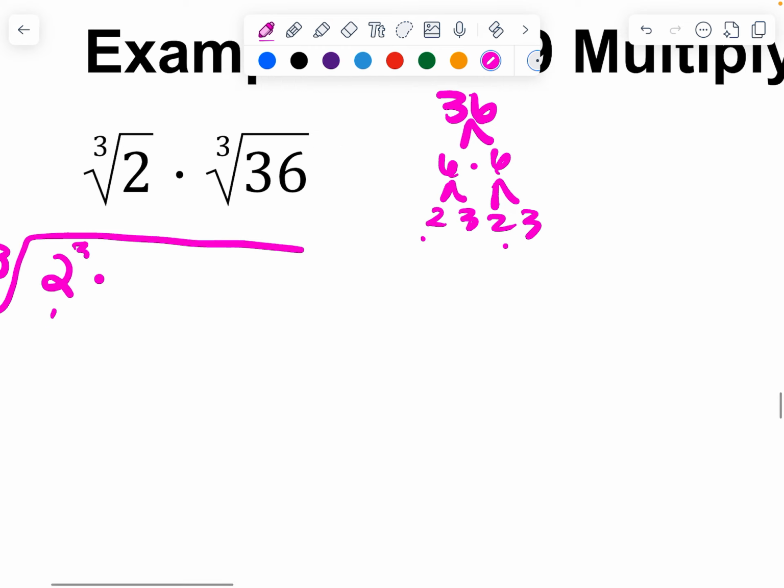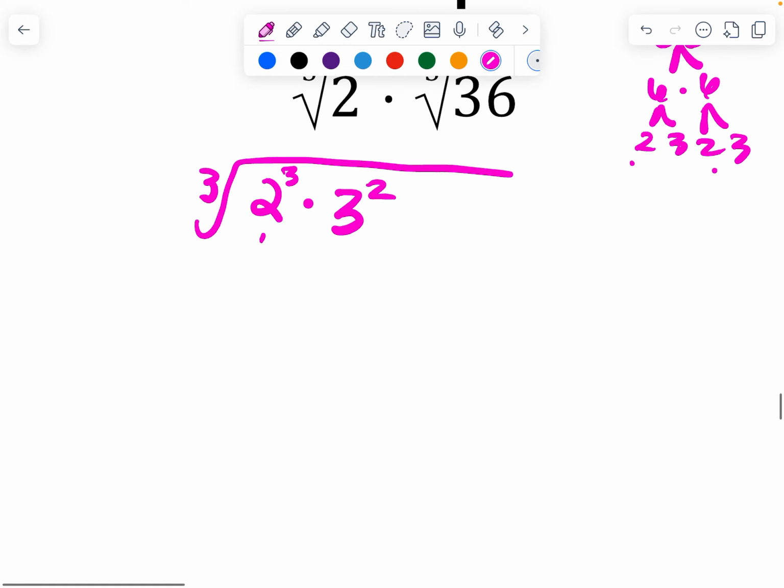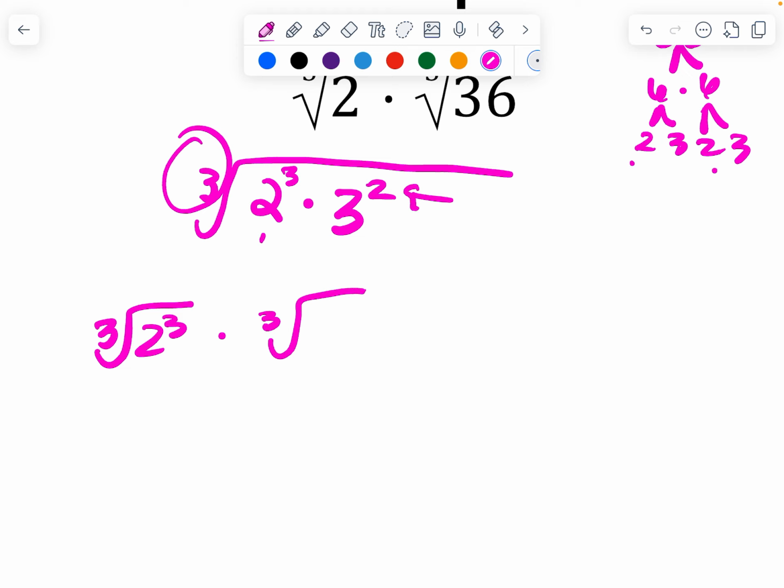I have 3 2s and I have 2 3s. I need 3 of these, right? So this is the cube root of 2 to the third times the cube root. And since this doesn't say 3 or a multiple of 3, I'm just going to write that as 9. So that's 2 cube root 9.